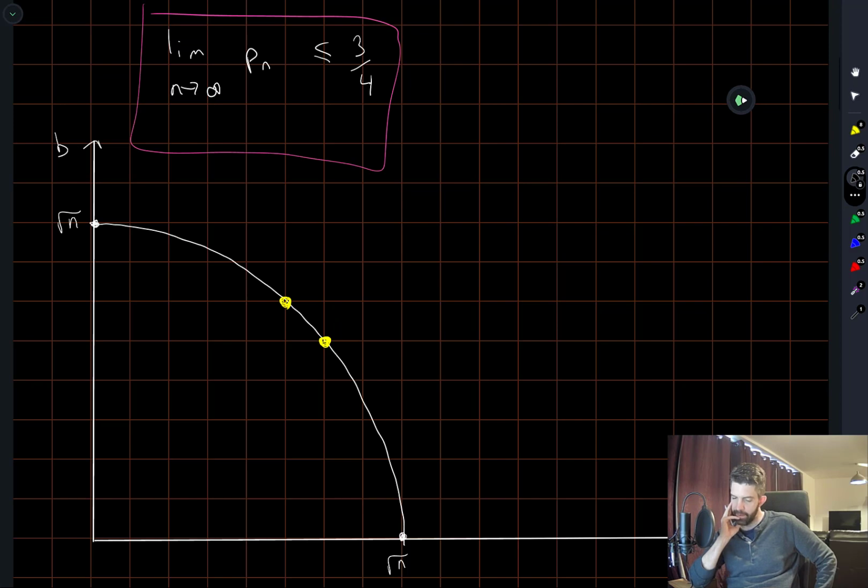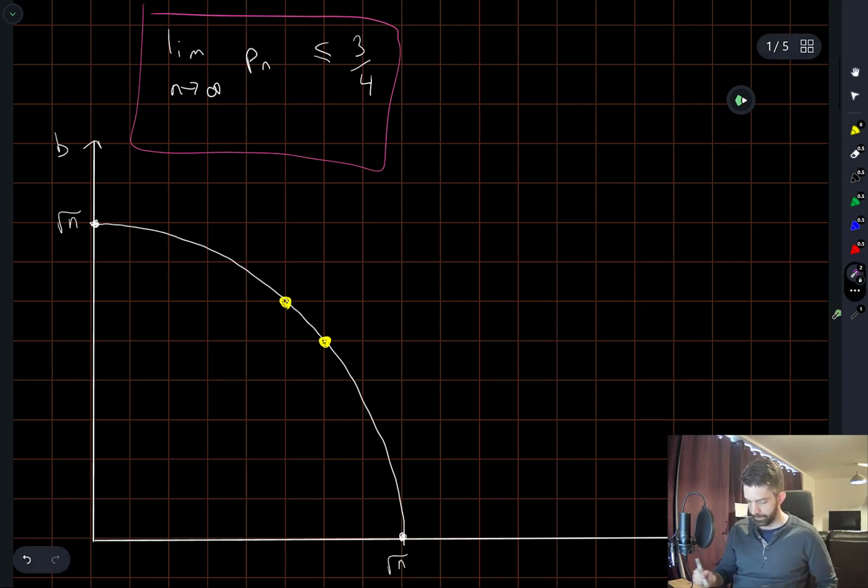Maybe the way to think about this instead is to look at every single one of these grid points and take one of them, for example, here.